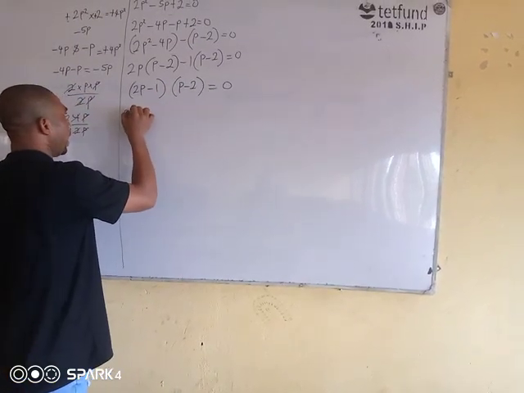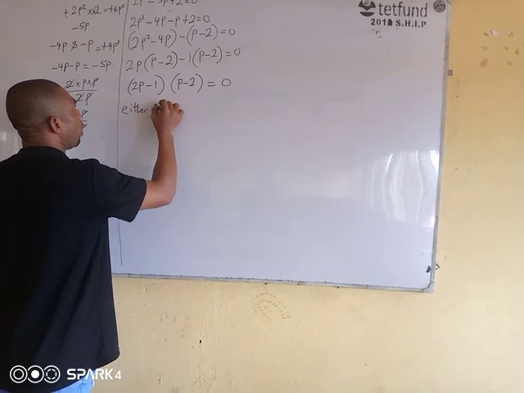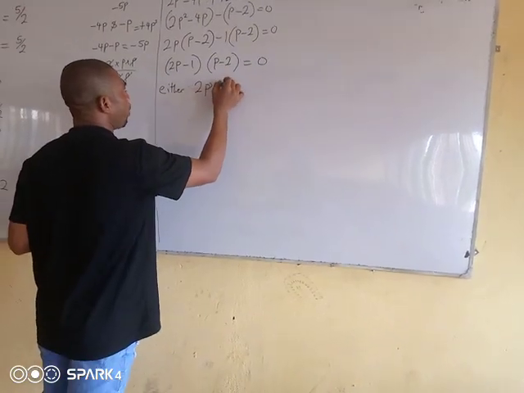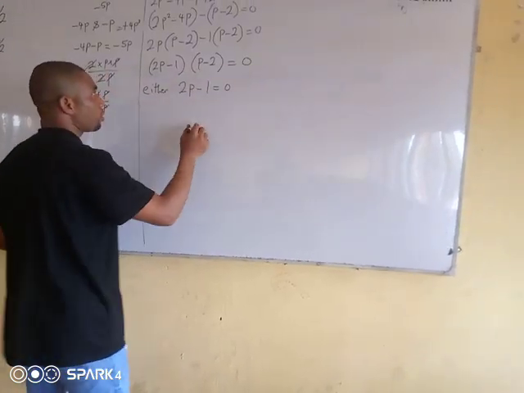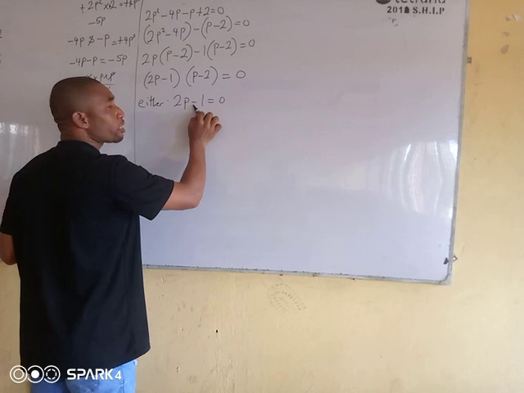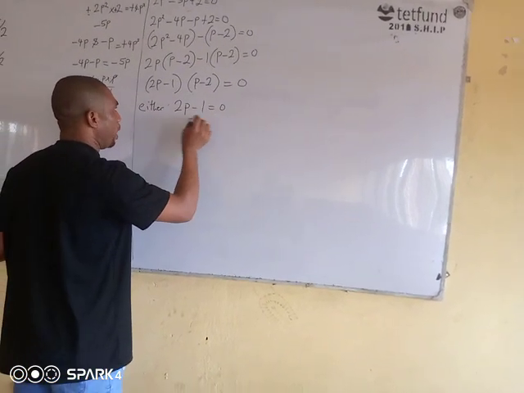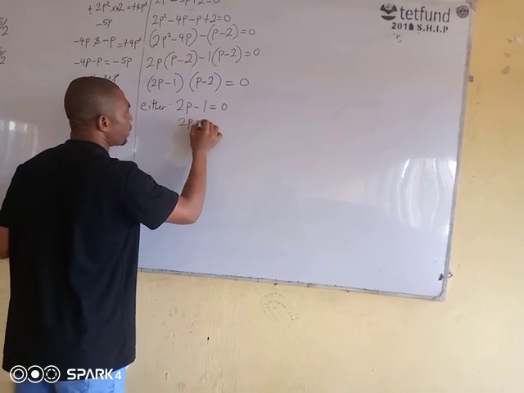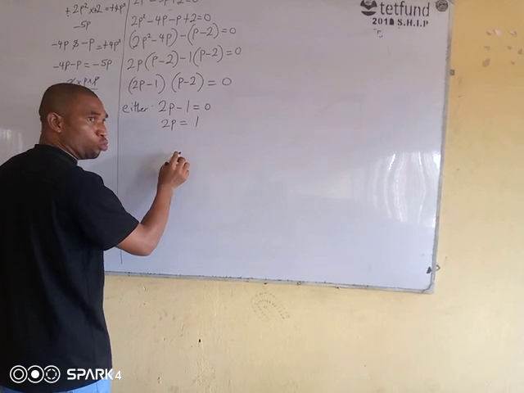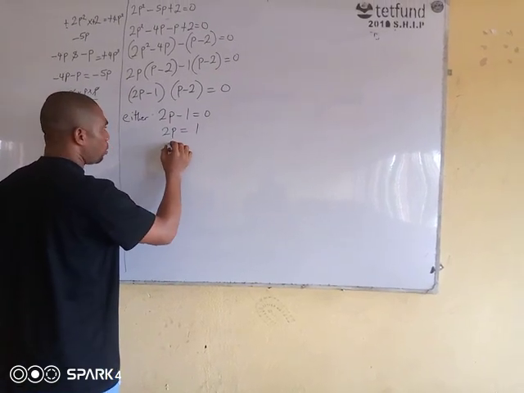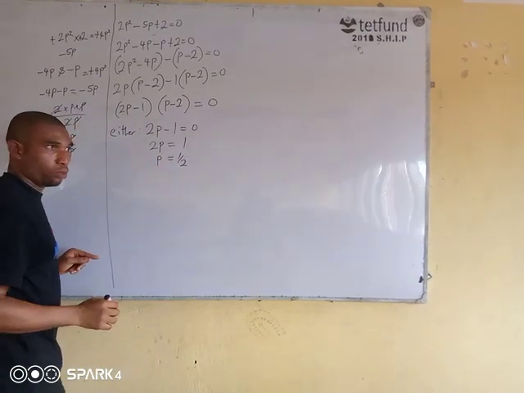We will now say either 2p minus 1 is equal to 0, because we want to find the value for p, let this minus 1 cross the equality sign. We want to have 2p is now equal to 1. Divide both sides by 2. If you divide both sides by 2, we are going to have p is now equal to 1 over 2.